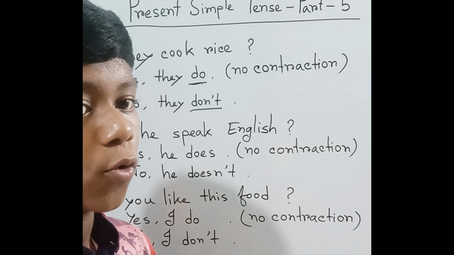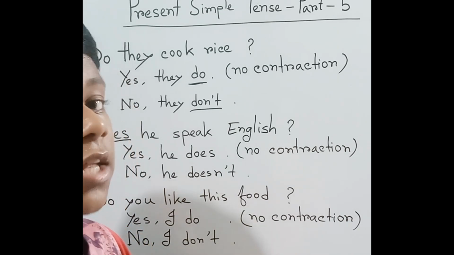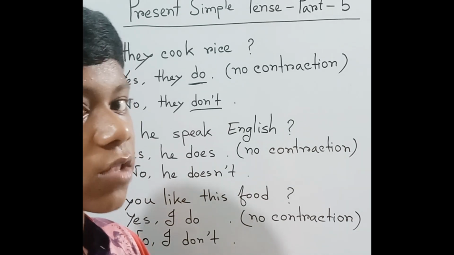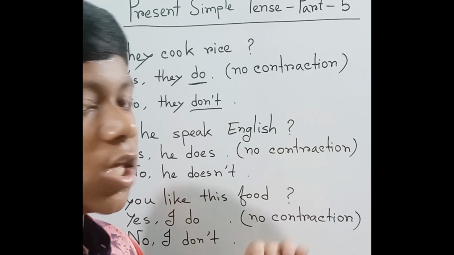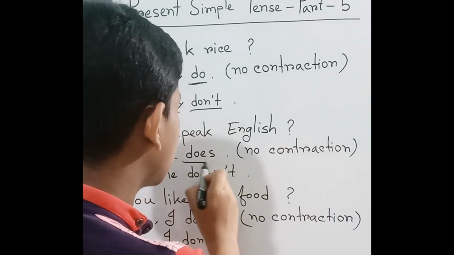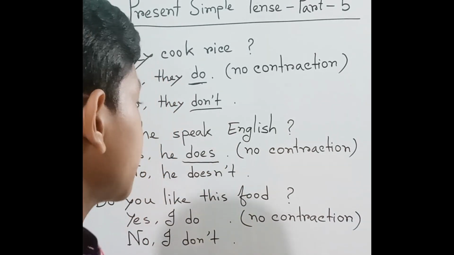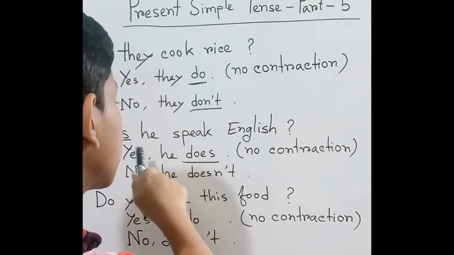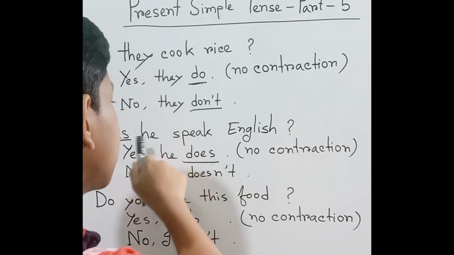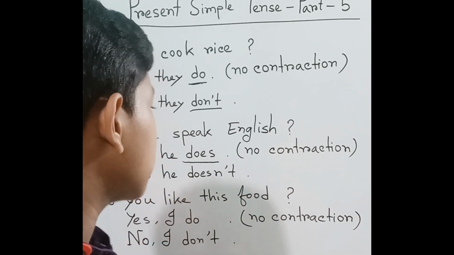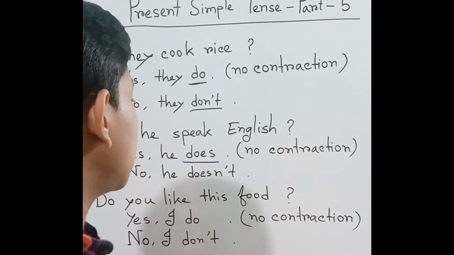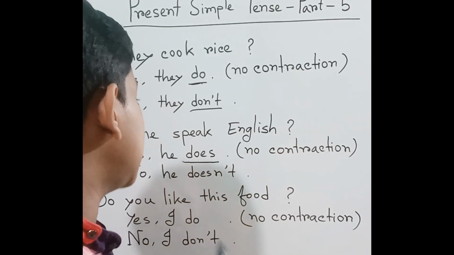So when you want to answer positively in a short way, you have to add does also. So yes, he does, because the subject in this sentence is he. After the does, the subject is added, so you can answer yes, he does.